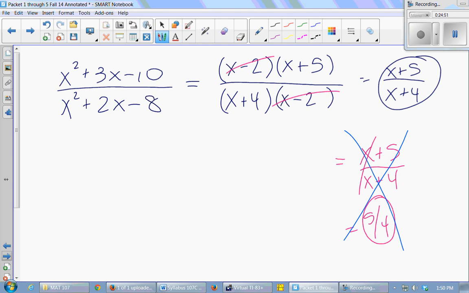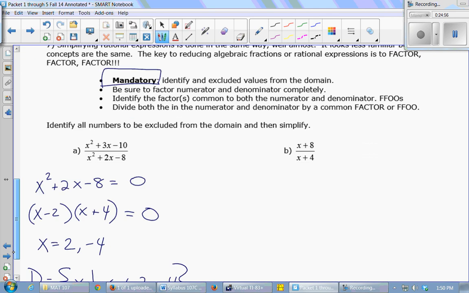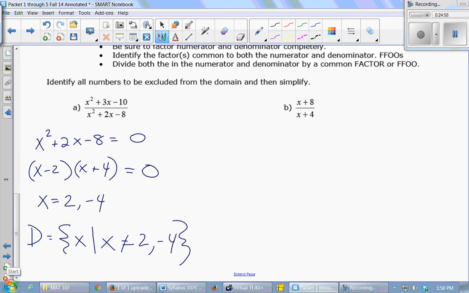2 plus 4? Yep. Yeah, we excluded some numbers from the domain, right? That's why I make you do this first, because once I simplify this, it's equivalent to x plus 5 over x plus 4. Those things are equal, except that this original one has a domain that's different than this one, right?